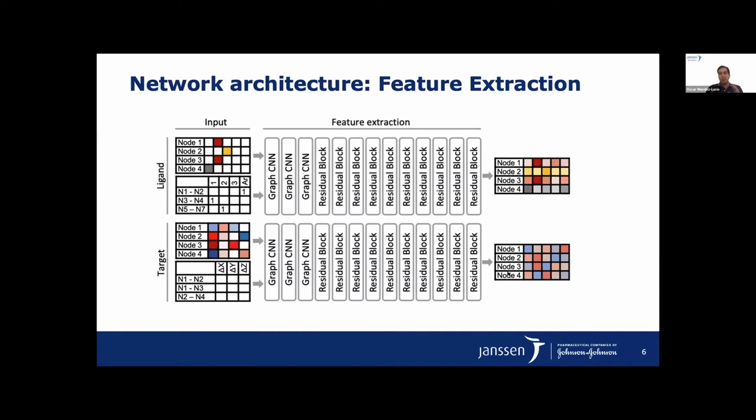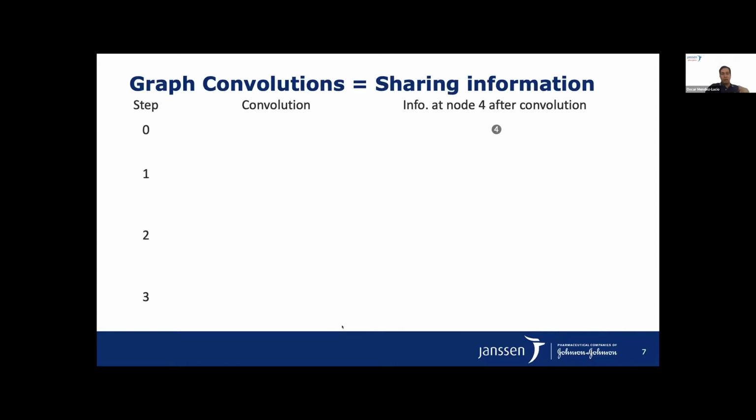I want to explain this convolution part in a bit more detail, because it might be a bit tricky. If you remember the last slide, we can represent atoms as a 1 and 0 vector. Let's take atom number 4, which will be a vector of zeros with a 1 indicating it's a carbon.